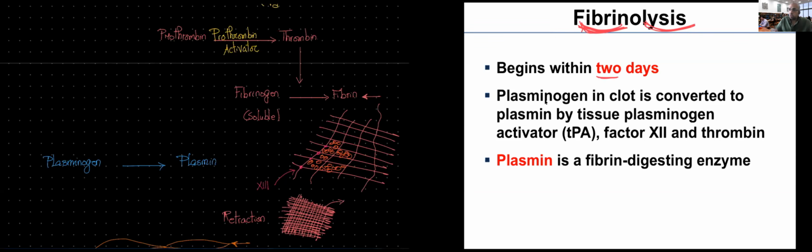And in order for me to activate the plasminogen into plasmin that would be breaking down the blood clot, digesting those fibrin threads, I need tissue plasminogen activator, or TPA.